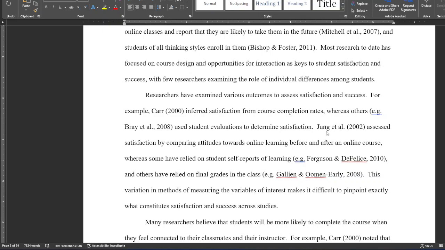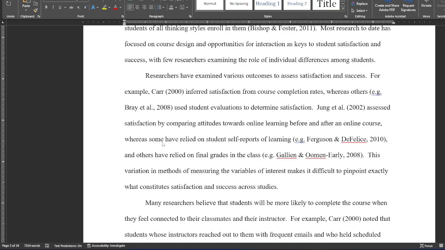So you see Jung et al. Now just the year is in parentheses, assessed satisfaction by comparing attitudes, right? So you can pull those authors out of the parentheses, let them start the sentence, but make sure that you're structuring your sentence so that it's grammatically correct if you were to take the parentheses out. So Jung et al. assessed satisfaction by comparing attitudes towards online learning. Okay, that's a grammatically correct sentence.